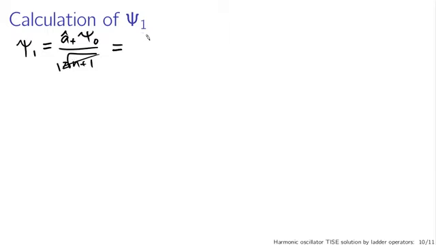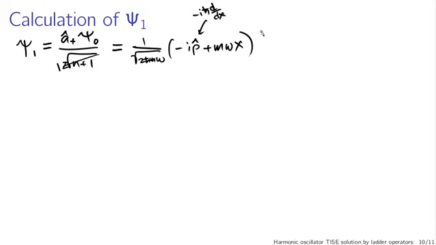If I substitute in the definition of the operator a plus, that's 1 over the square root of 2 h bar m omega, times minus i p hat plus m omega x, where p hat now is minus i h bar d by dx. This is my raising operator. That's all acting on psi sub 0. And we know psi sub 0, given in normalized form, m omega over pi h bar to the 1/4 power, e to the minus m omega over 2 h bar x squared.